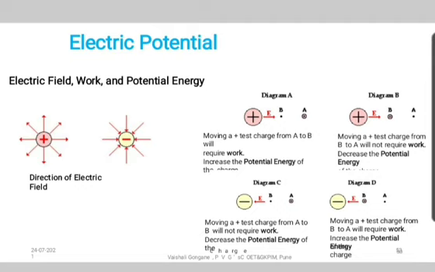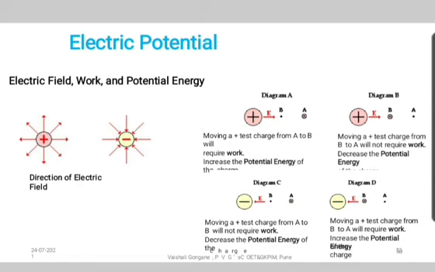So let the charge Qt be moved a distance dl bar in the electric field E bar. A point charge experiences a force in an electric field, F bar is equal to Qt into E bar, and because of this force the charged particles are accelerated.